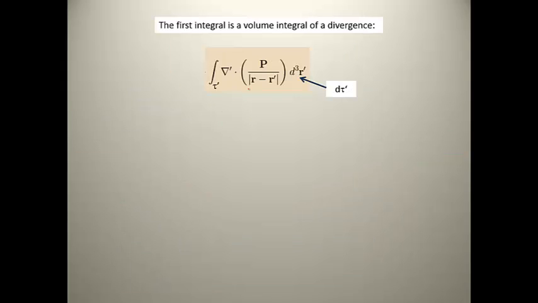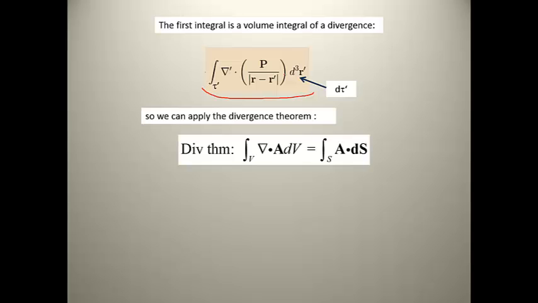So here we go. We're going to take the first integral in that sum, and that's equal to this expression here. Where we're headed is that we want to turn this into a surface integral. So we apply the divergence theorem.